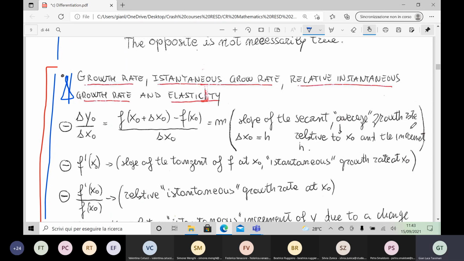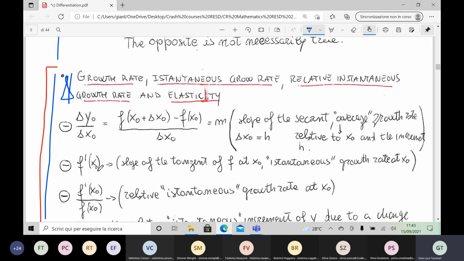So this f prime of x0, we have discussed it already, is the derivative of a function evaluated at x0, is the slope of the tangent evaluated at x0. So it is the instantaneous growth rate evaluated at x0. That is, I repeat what I told you already before, and I wrote it. It is the instantaneous growth rate at x0.